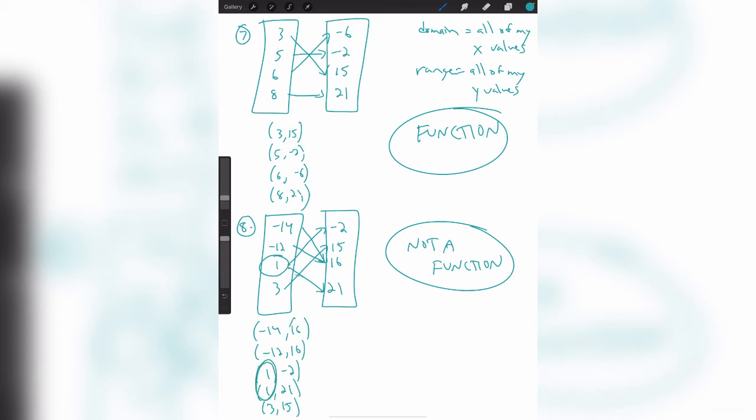I can have multiple y values, that's fine, but I can't have multiple x values that are the same. So this is not a function.